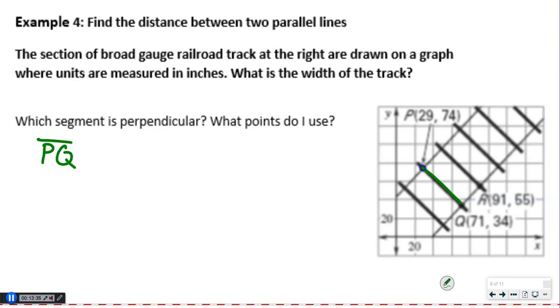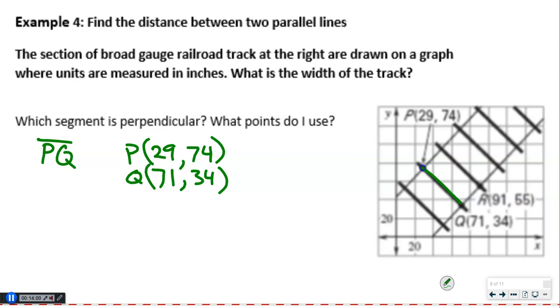Which segment is perpendicular? It's PQ. And those are also the points that we want to use. So we're going to use 29, 74 for P and 71, 34 for Q.